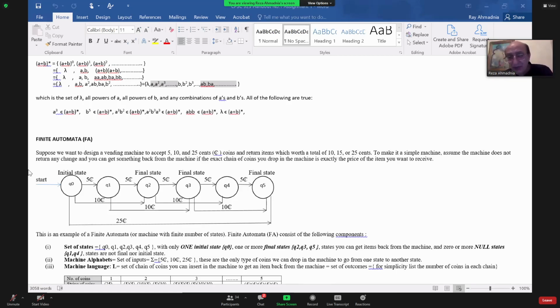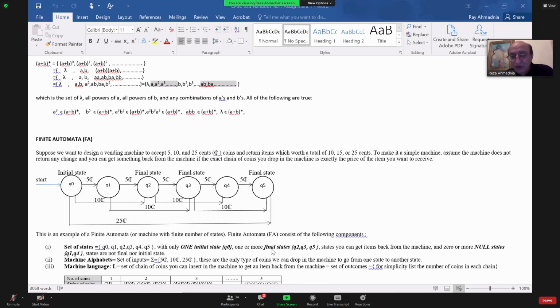So a machine must have one initial state, and then one or more final states. If there is only one final state, it means you can get only one thing back from the machine. If there are 2 final states, there are 2 items in the machine. If there are 3 final states, there are 3 different items in the machine here.